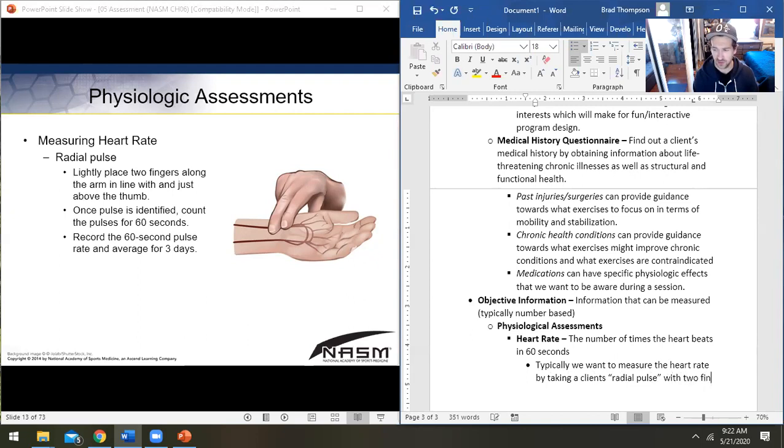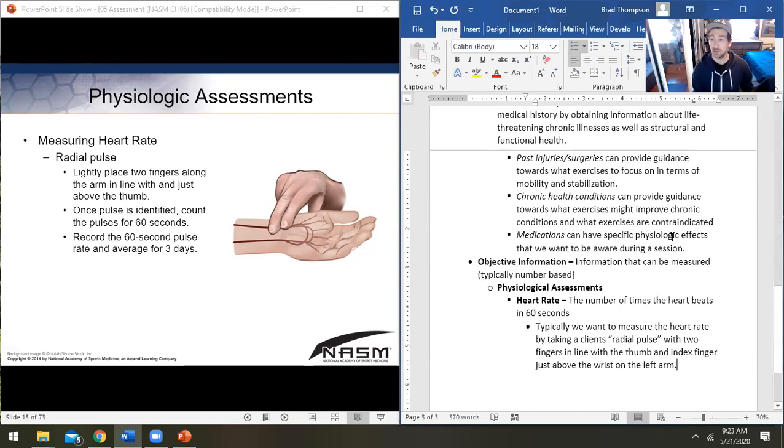Use 2 fingers in line with the thumb and index finger just above the wrist on the left arm. When you're getting somebody's pulse, you can do it on the right. It's not like you don't have an artery there as well. But generally, you want to go on the side that's closer to the heart.